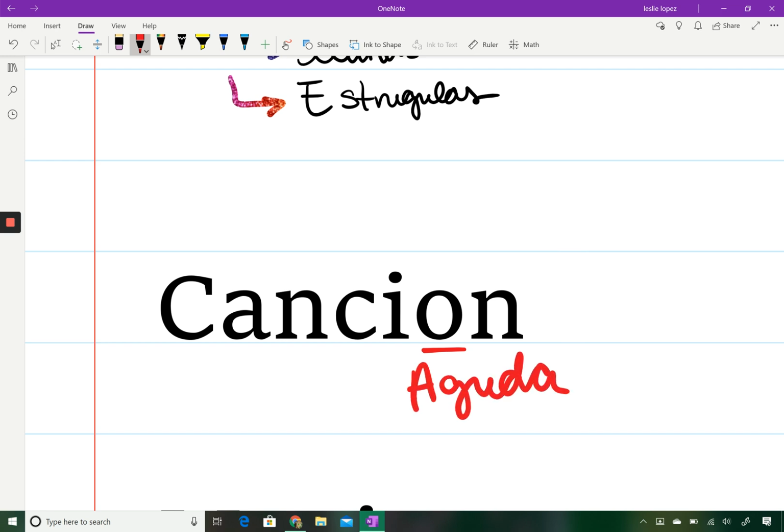Why does it make a palabra aguda? Because the stressed syllable is the last syllable, canción. Thus, keeping with the rules of palabras agudas, if the word ends in an S, an N, or any of the vowels, A, E, I, O, or U, then it does have a tilde.